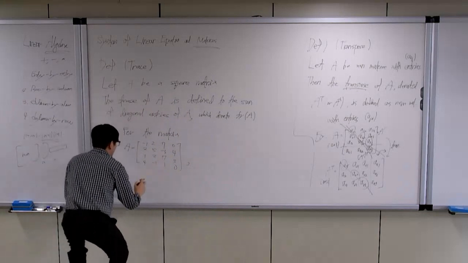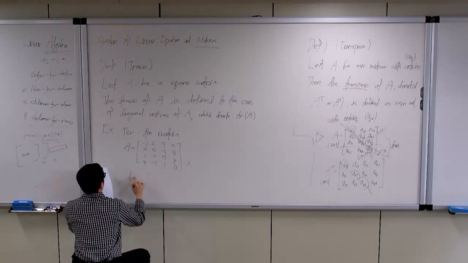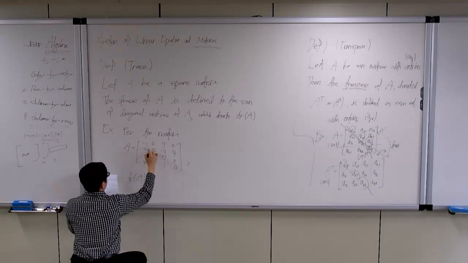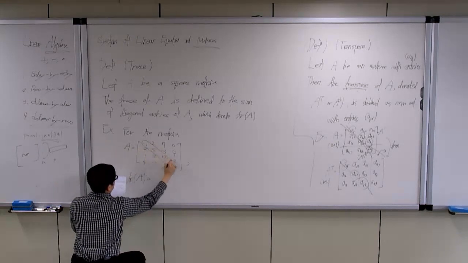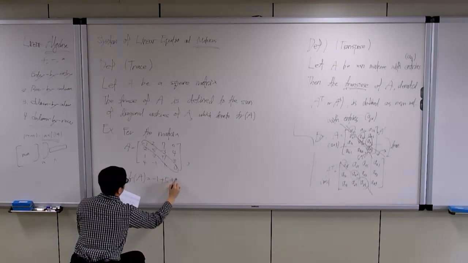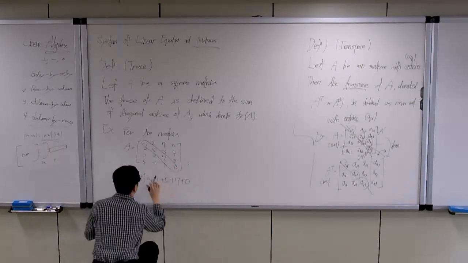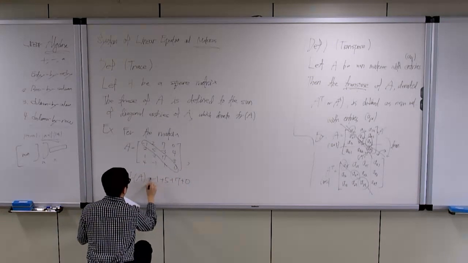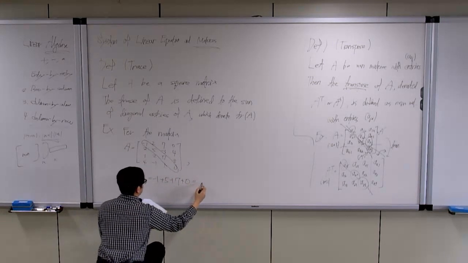So if we denote the notation trace A, then trace A is the summation of all diagonal entries: 1 minus 1 plus 5 plus 7 plus 0 is 11.